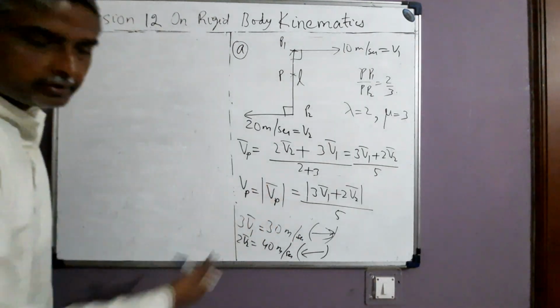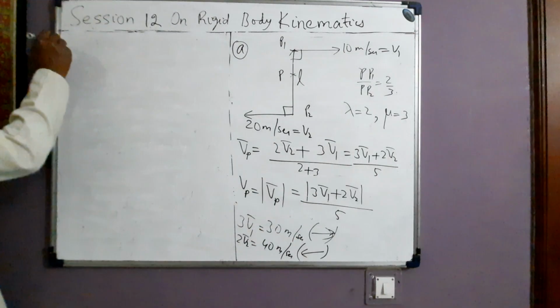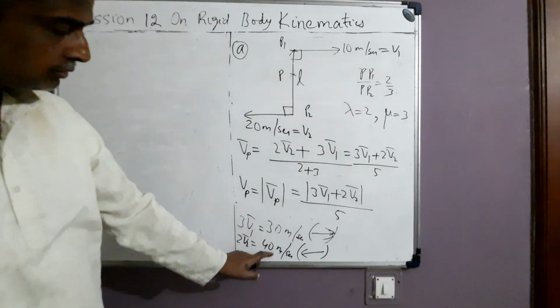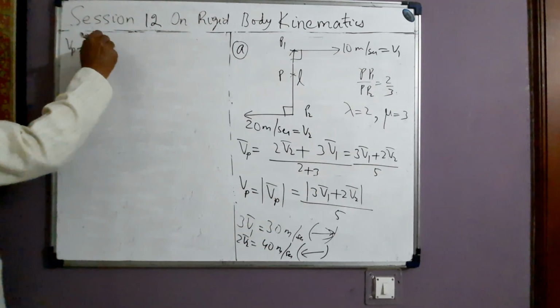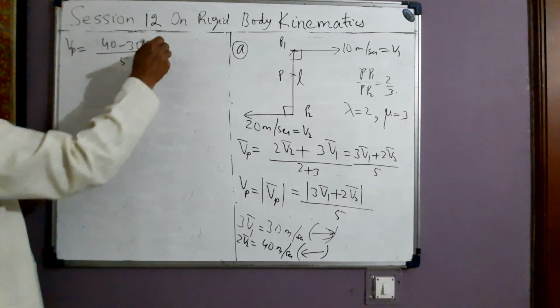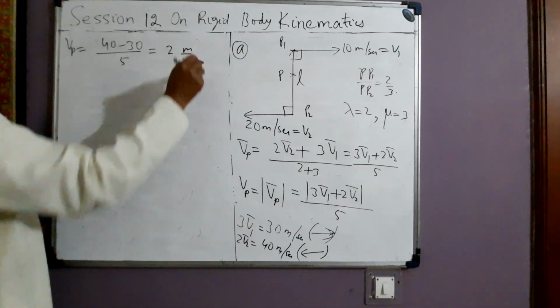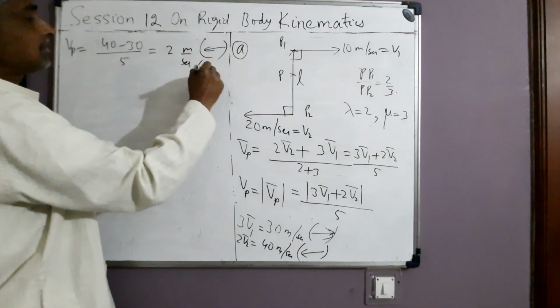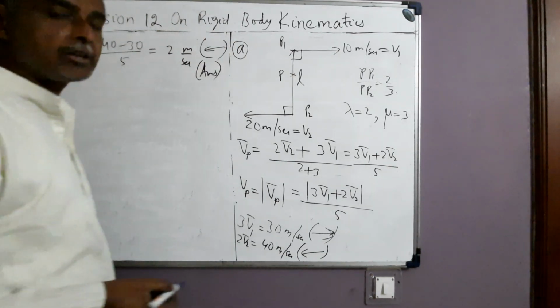So from the magnitude of vector concept, Vp simply becomes, this is bigger, this is smaller, so 40 minus 30, that is 10 by 5, 2 meter per second. And bigger is this one, so direction is leftward. This is therefore the required answer to part A of the question.